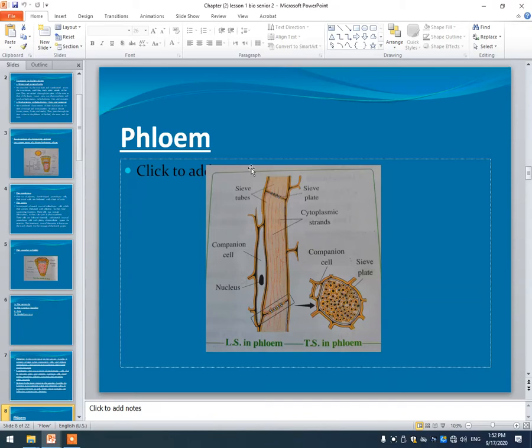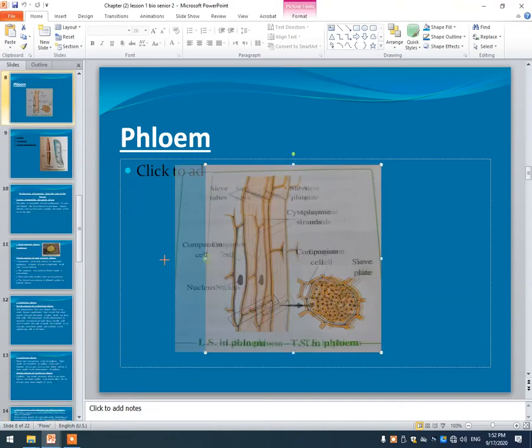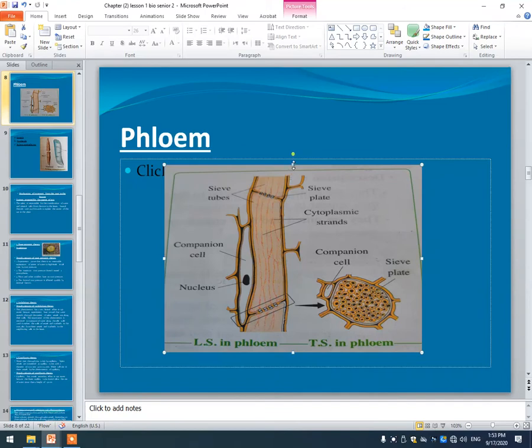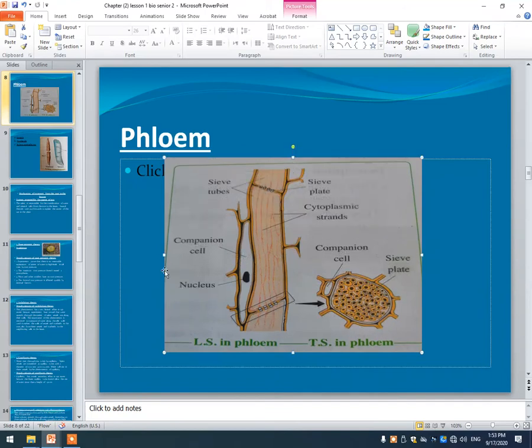Here is a diagram of the phloem. You can see it consists of sieve tubes. The sieve tubes are separated by sieve plates, and they have cytoplasmic strands. By the movement of the cytoplasmic strands, sugar is translocated from up to down.